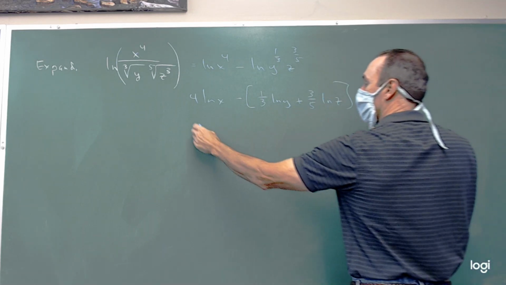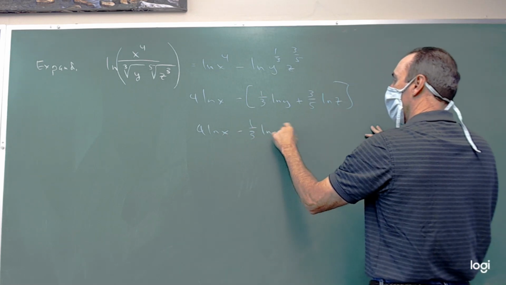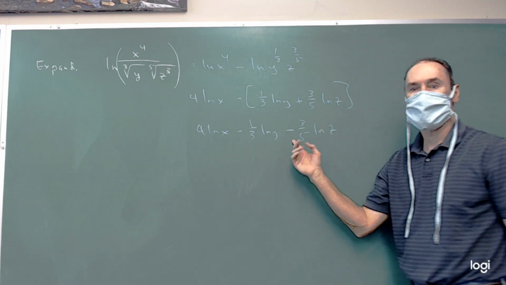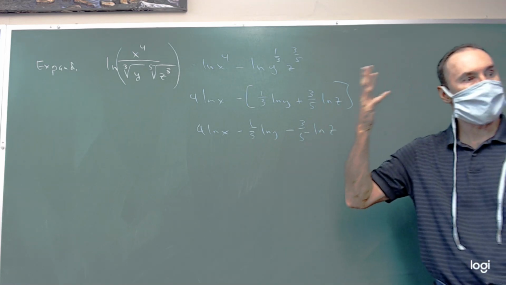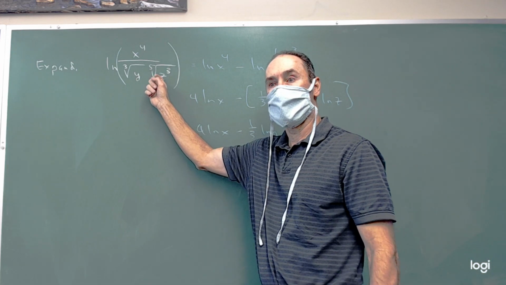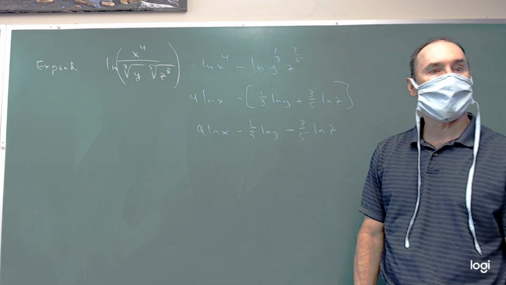And then finally, we can distribute that negative sign. At the end of the day, everything that was in the denominator is being subtracted. I think that's a nice mental check. You see both these two terms that were in the denominator each have a minus sign in front of them.